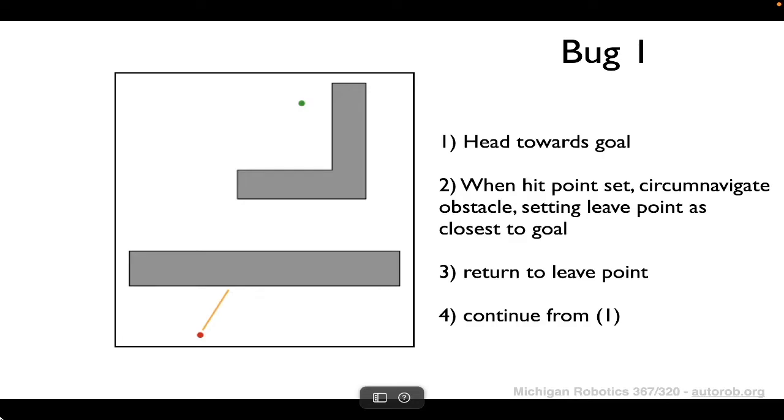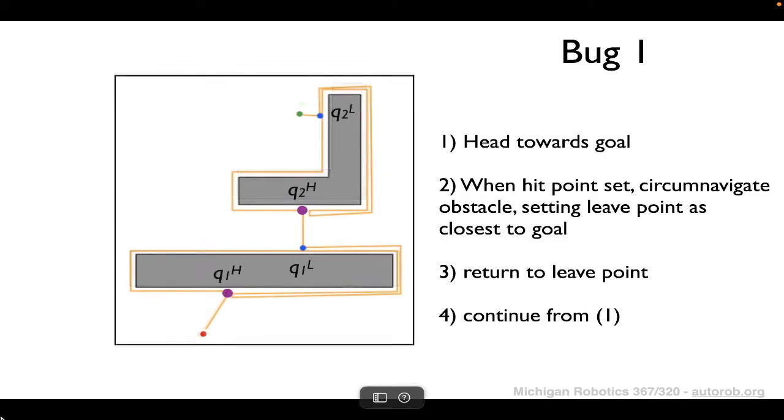So let's step through and look at what this will look like. In this particular example, the robot will start in the starting configuration and head towards the goal. It'll drop a hit point once it reaches the obstacle and begin circumnavigating this obstacle. At each point, it's going to check if its current point along the wall is closer to the goal location than any other point it has been at.